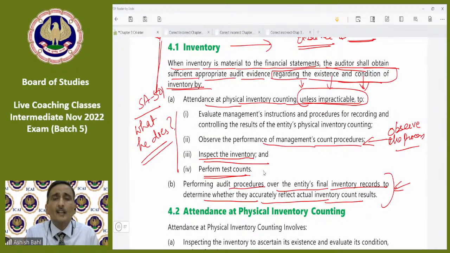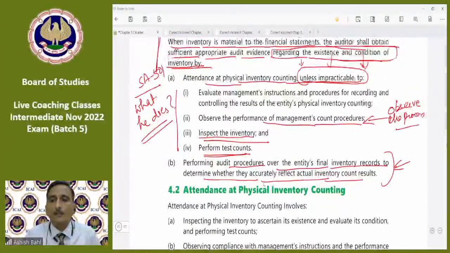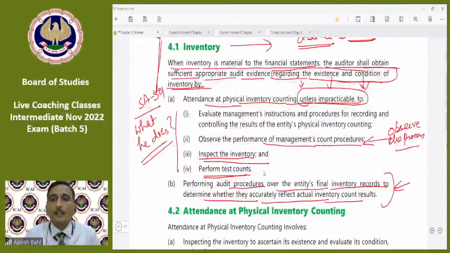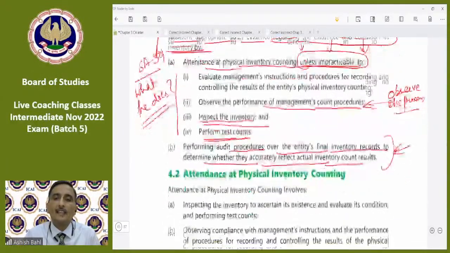So whatever the inventory records are showing, the position physically is the same. Is that clear? He would obtain audit evidence regarding existence and condition of inventory. Is it clear?